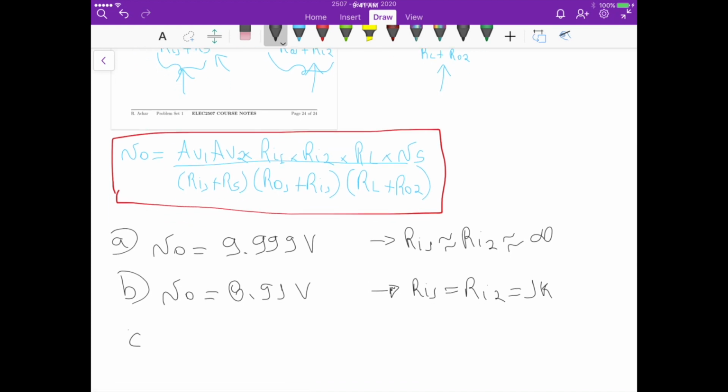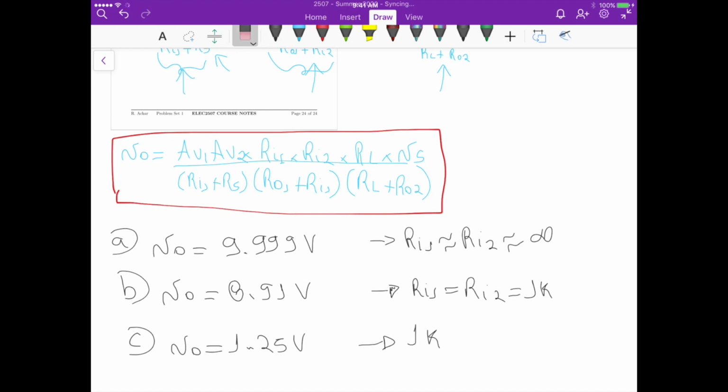And for part C, we have the same condition for the input resistance as in part B, but now Vout is equal to 1.25 volts and the source resistance is equal to 1K ohm.